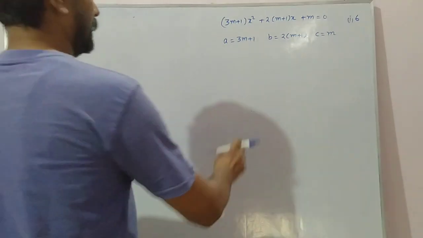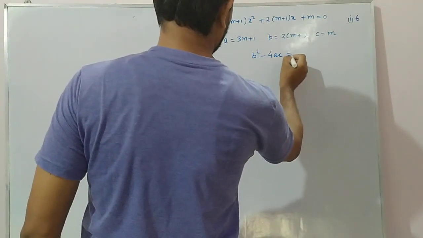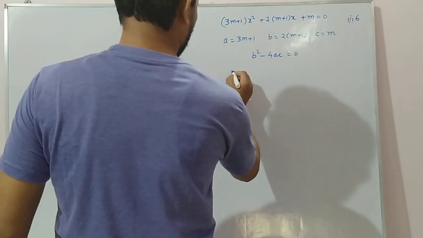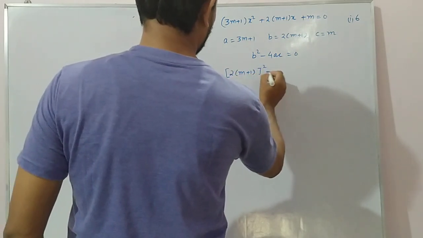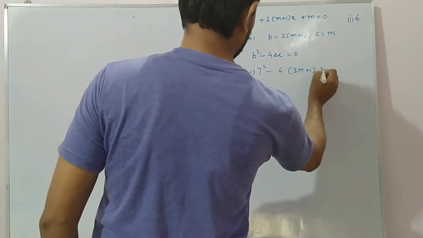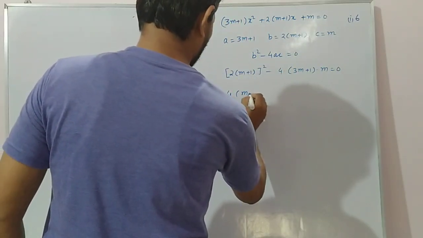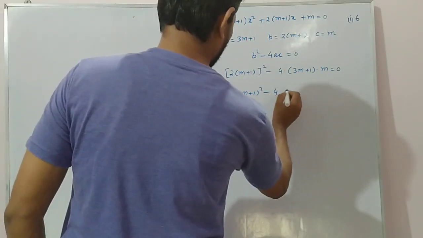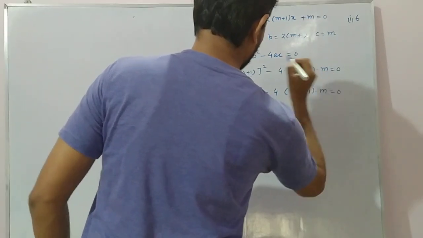So if the roots are real and equal, b square minus 4ac equal to 0. b, that is 2 into m plus 1 the whole square, minus 4, a, that is 3m plus 1, into c, that is m, equal to 0. 4 into m plus 1 the whole square minus 4 into 3m plus 1 into m equal to 0.